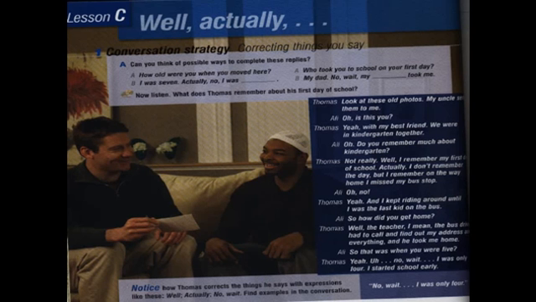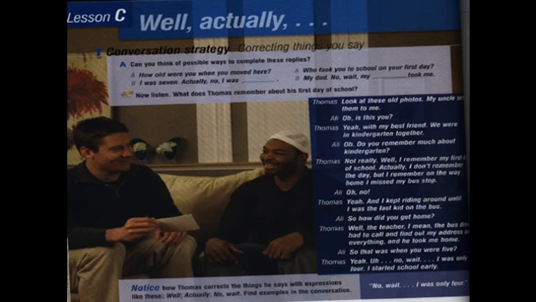Now, you can use I mean to correct yourself when you say the wrong word or name. إذن ممكن استخدام I mean لتصحيح أنفسنا عندما نخطئ بكلمة أو اسم. إذن أصبح هناك فرق بينها وبين actually و wait و well.